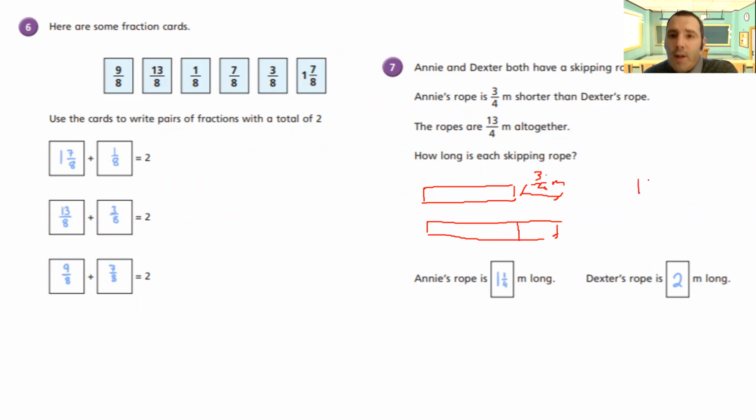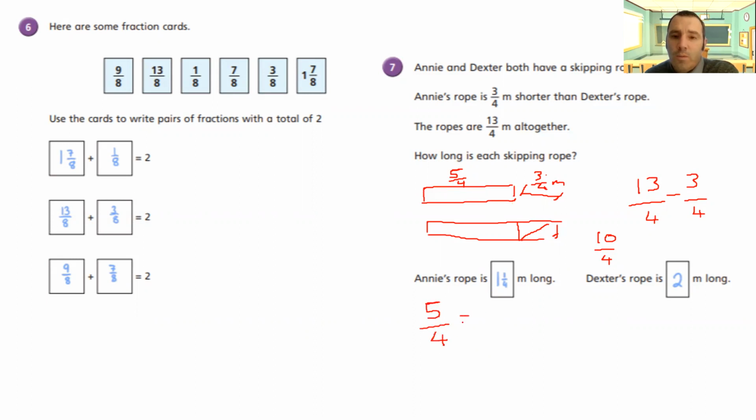So if I have 13/4, if I'm going to take the 3/4 away, that will leave me with 10/4 to then share between 2 people. So 10 divided by 2, each part here is 5/4 of a metre.